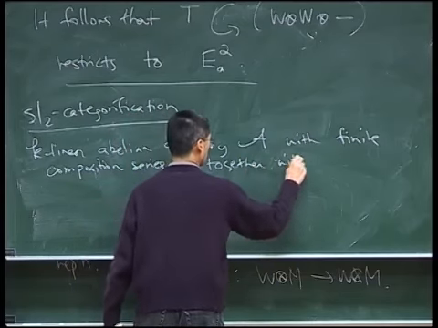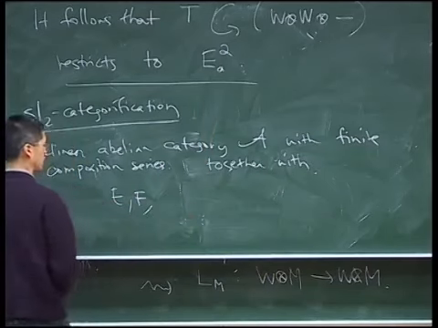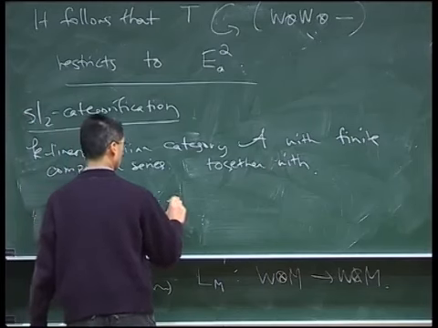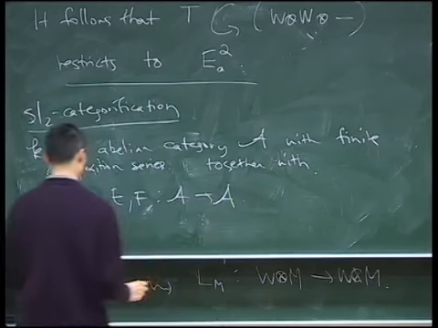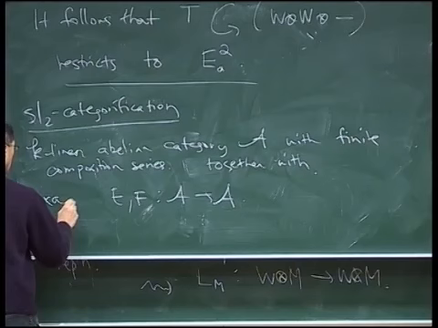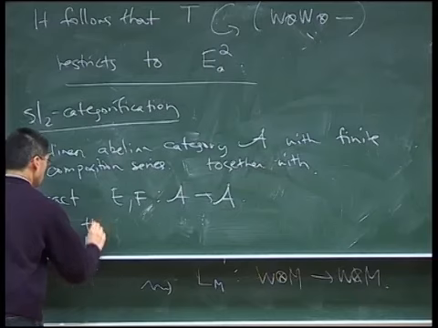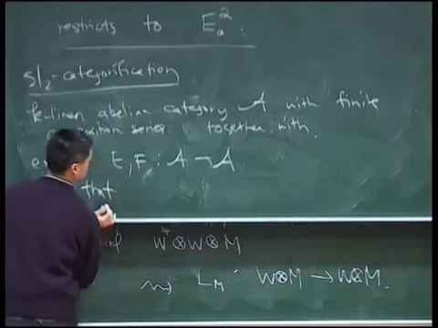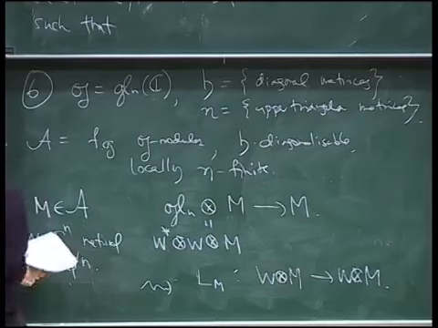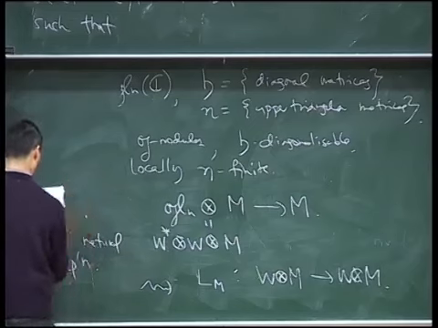And as I mentioned at the beginning, we want to have exact functors such that we have adjointness.